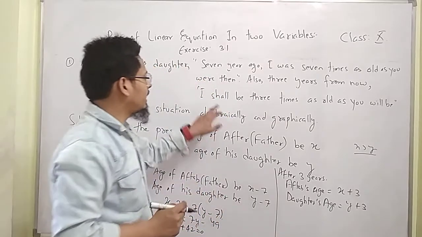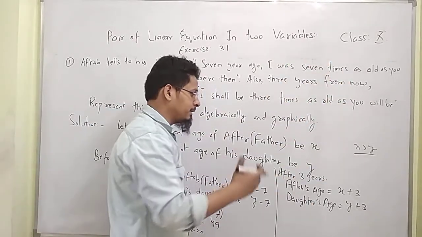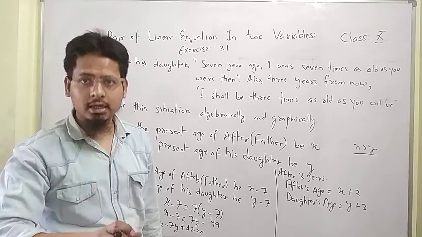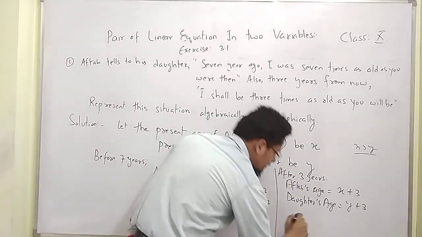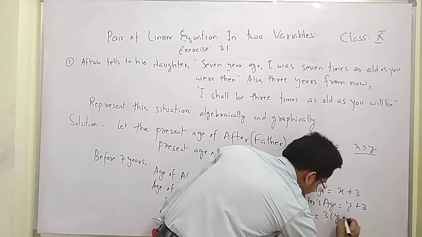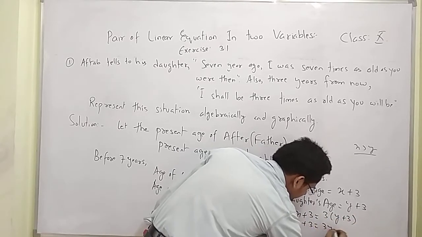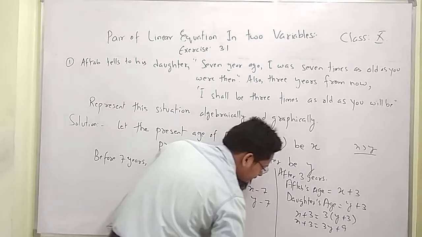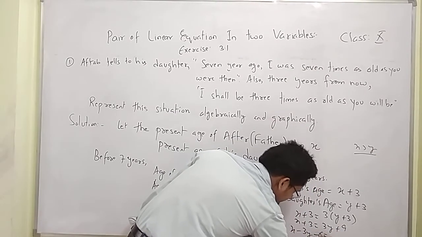The condition is, I will be 3 times as old as you will be. So 3 will multiply to the daughter, because the daughter is younger, is small. So x plus 3 is equal to 3 times y plus 3, that is 3y plus 9. Now it is x minus 3y minus 6 is equal to 0.